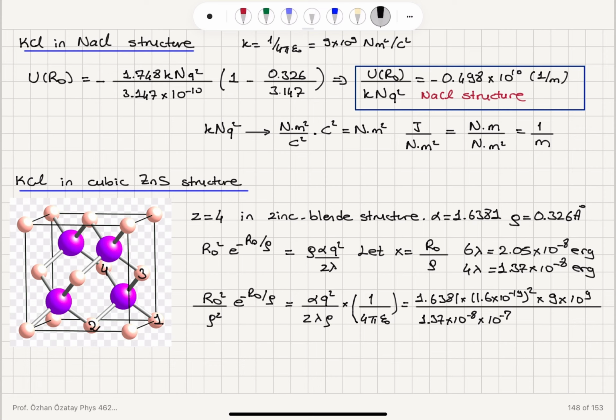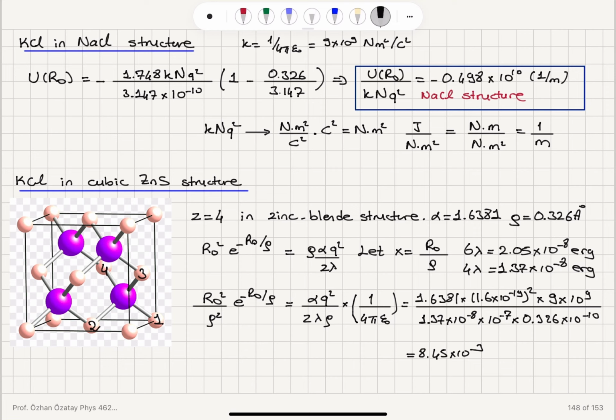We have a 10 to the minus 7, and then we have the rho value 0.326 times 10 to the minus 10 meters. So this gives us 8.45 times 10 to the minus 3.